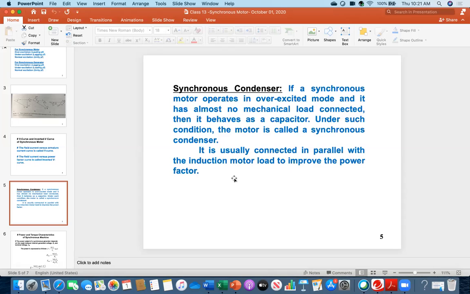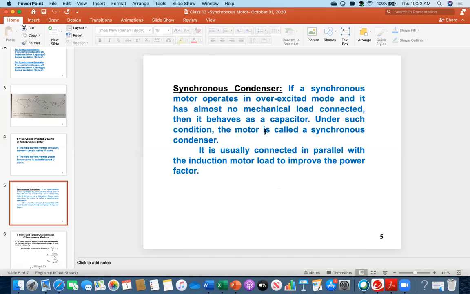That's why power factor is always lagging in case of an induction motor. So to improve the power factor of the induction motor, this synchronous motor is connected in parallel. Therefore, instead of connecting a capacitor, you can simply connect a synchronous motor. It will work the same way as the capacitor.